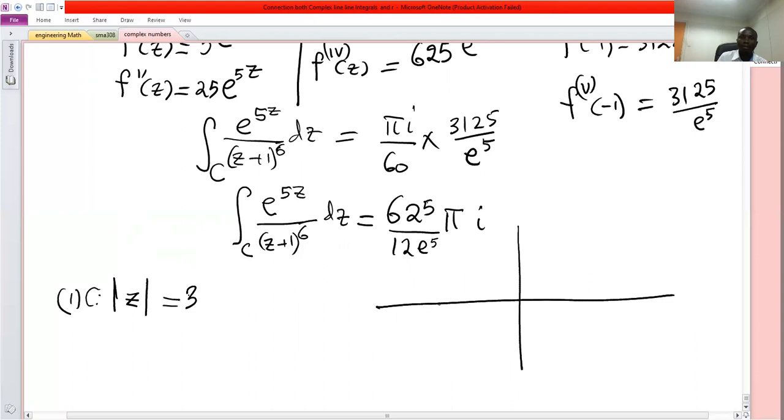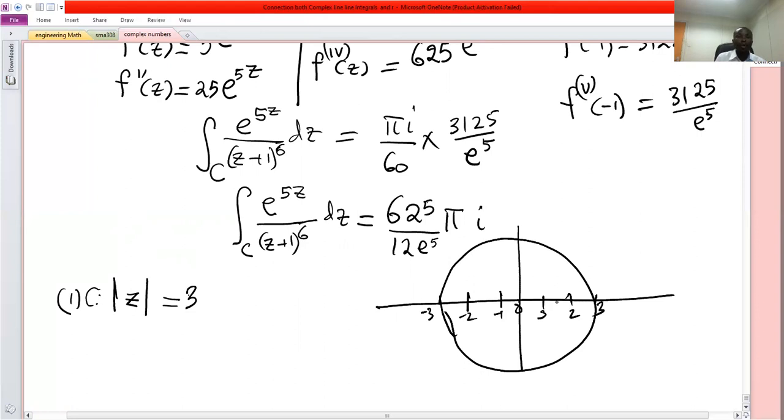So when you say the circle of radius 3, this means that if this is the plane, then this is -3, -2, -1, 0, 1, 2, then 3. And the point a, z equals a, in our case was z equals -1.